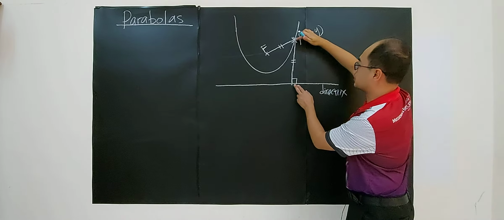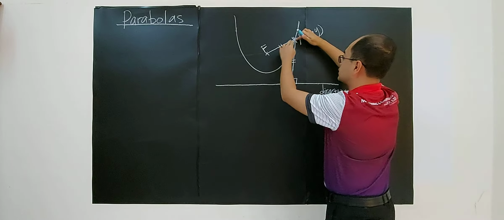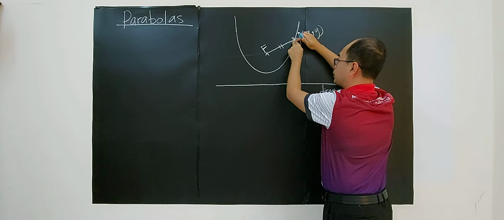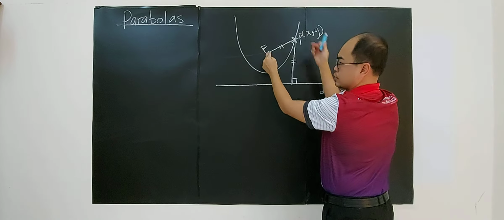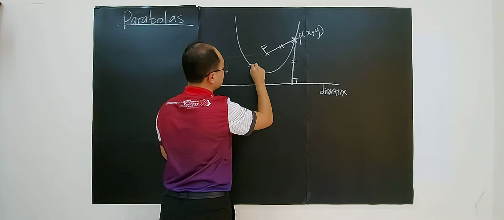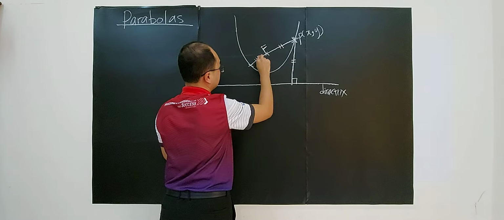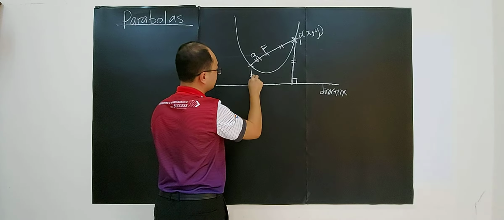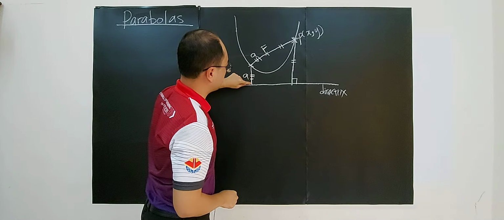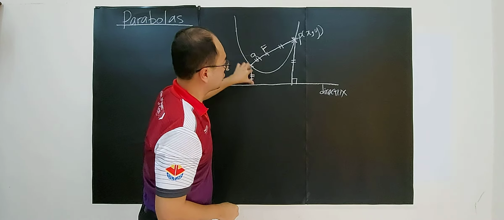The distance from the directrix and the distance from any point on the parabola to the focus is always the same. For example, if I have a point here, the distance from here to here, let's say here is A, here also will be A. So this point from the focus and this point from the line always have equal distance.